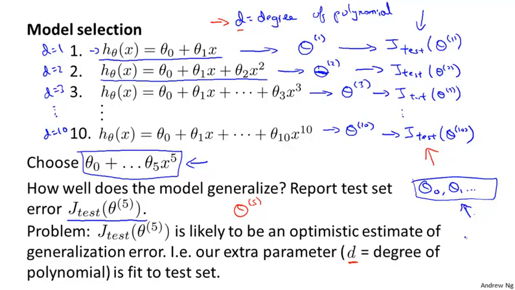And in the procedure I just described, we did the same thing. Specifically, we fit the parameter d to the test set, and by having fit the parameter to the test set, the performance of the hypothesis on that test set may not be a fair estimate of how well the hypothesis is likely to do on examples we haven't seen before.